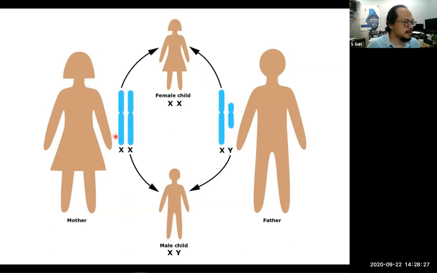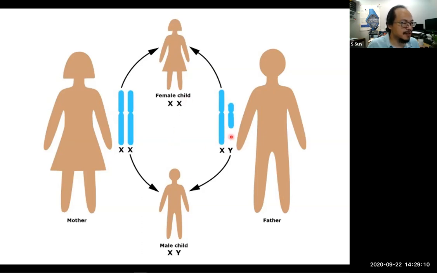So the mother's gamete is either X or X. It could be this X or that X, but either way, it's going to be an X. And the father will give a sperm that is either X or Y. If that X mates with this X or this X, the offspring is going to have two X, and the offspring is going to be a female.